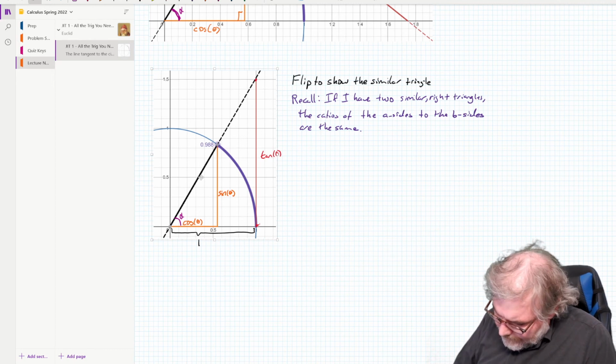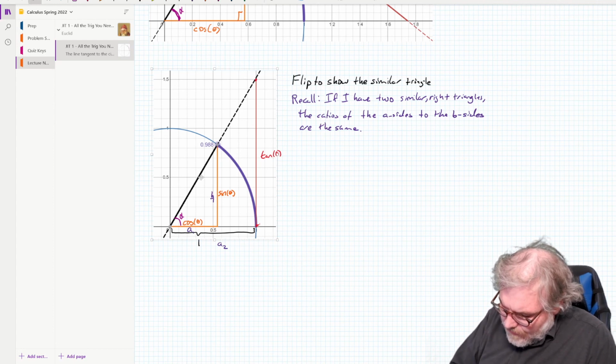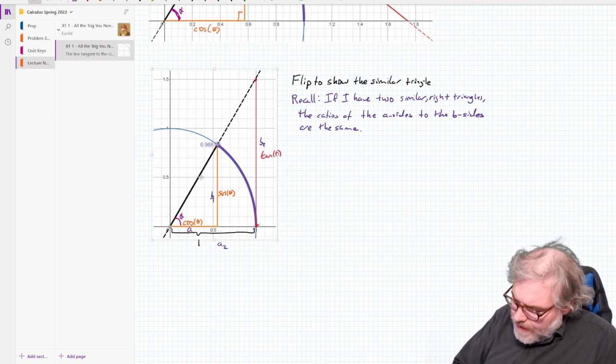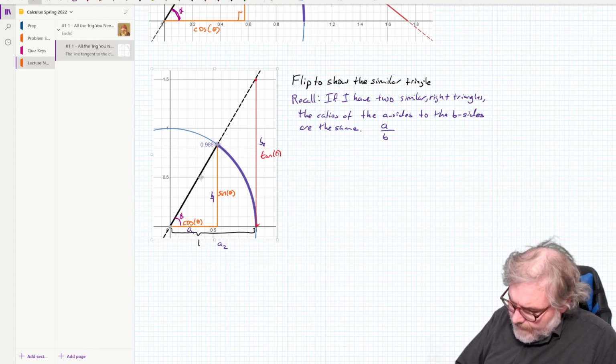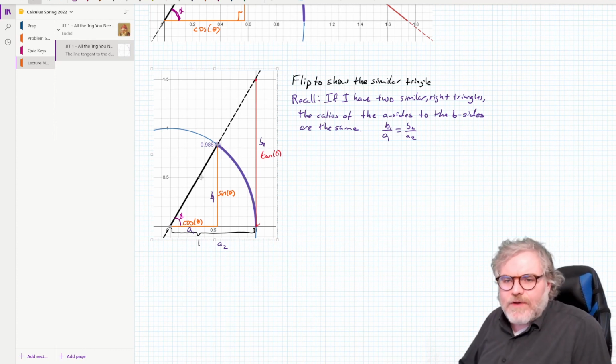In other words, I'm going to call the cosine here the A side. So this is going to be the A1. This right here will be the B side for the first triangle, and this larger side will be A2, and this one right here will be B2. So the ratios of the A side over the B side, I want the B side over the A side, don't I? So the ratios of the two sides are equal.